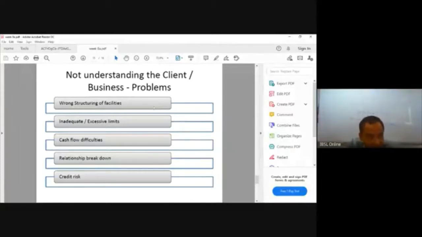If you set a limit which is not in conformity with the business operation, not in line with the business cycle, then you are asking for trouble. Then this kind of problem will come up, we are wrongly structured, and the customer has taken money and transferred it elsewhere.